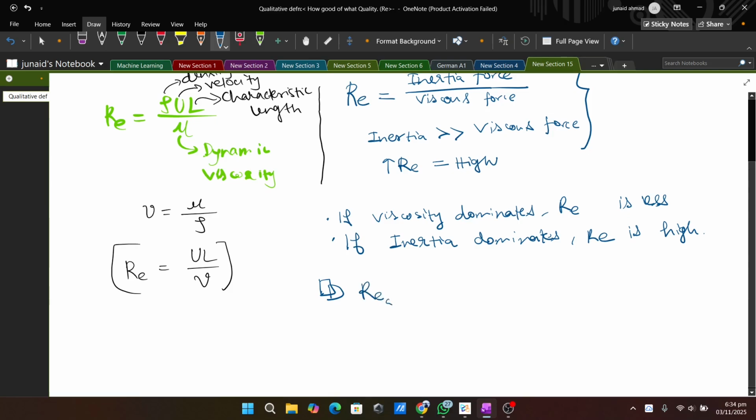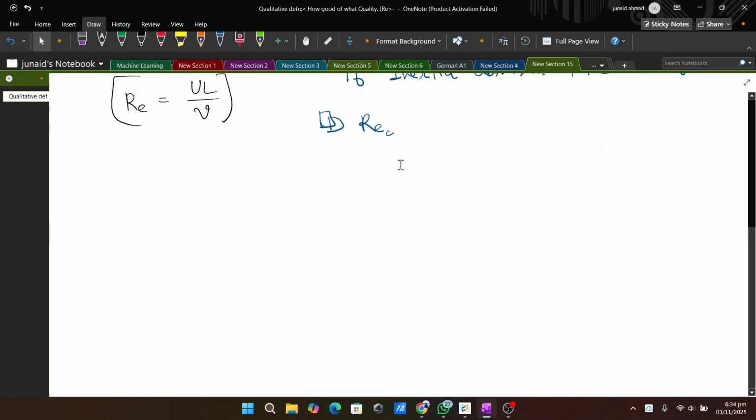So these are things, and there are some numbers that you can also take note of, like Re critical. We can say that turbulence will occur, or you can say turbulence will arise, when Re, the value of the Reynolds number, is greater than the critical Reynolds number. Let me write that down also. That is a very important note, right?